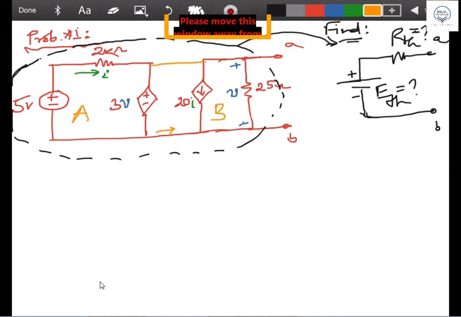But if you don't, then it is an open path. Current cannot flow in one line; if the current needs to flow, it requires a complete, closed path. Is it a closed path? No. Because it starts and goes to that side, and it can never come back. If it never comes back, it's an open loop, not a closed path. If it's not a closed path, current cannot flow. So the current from this to that will be 0 ampere.